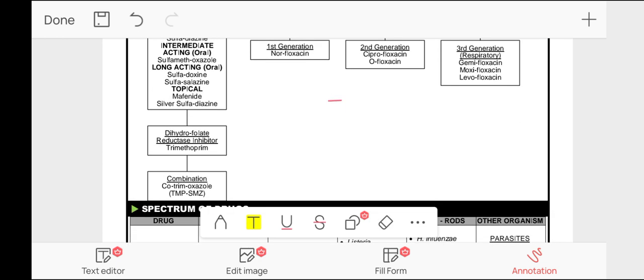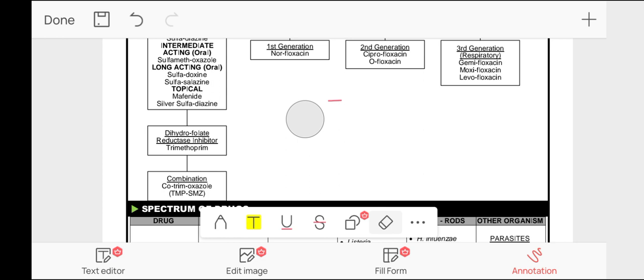Trimethoprim is a dihydrofolate reductase inhibitor, and this drug is a weak base, so it is trapped in the acidic environment. In males, it reaches high concentration in the prostate, and in females, it reaches high concentration in the vagina. The half-life is similar to that of sulfamethoxazole, so these drugs are used in combination.